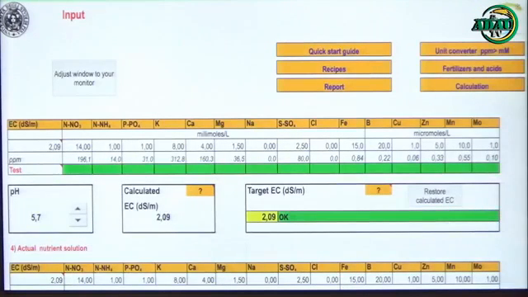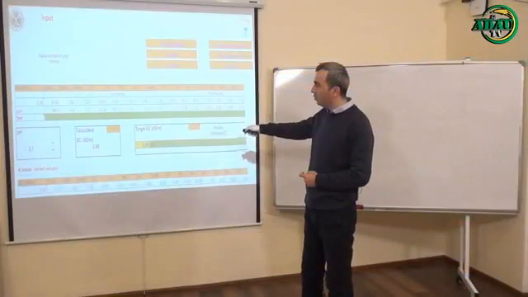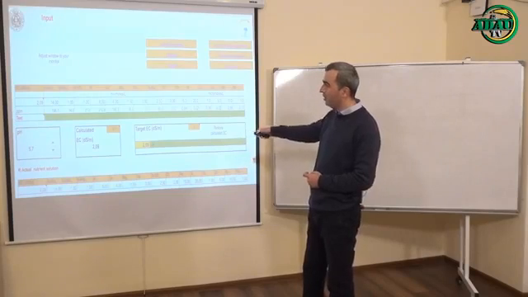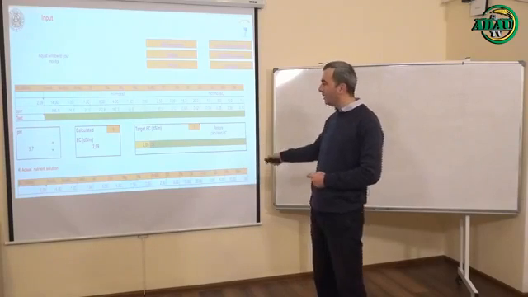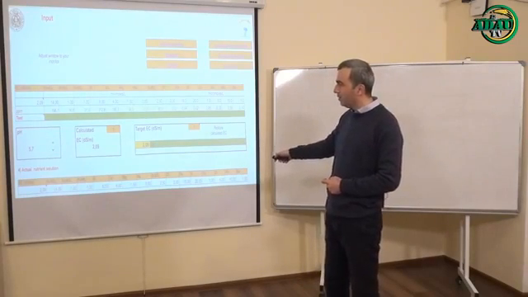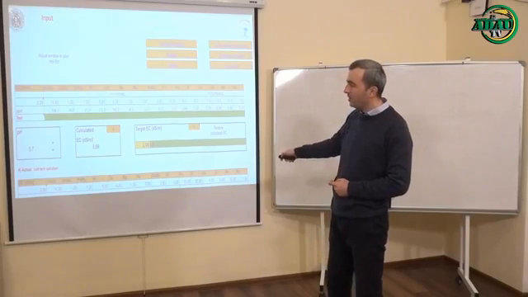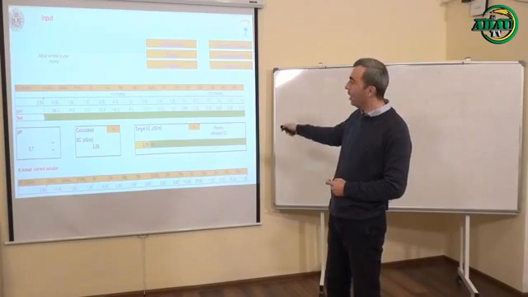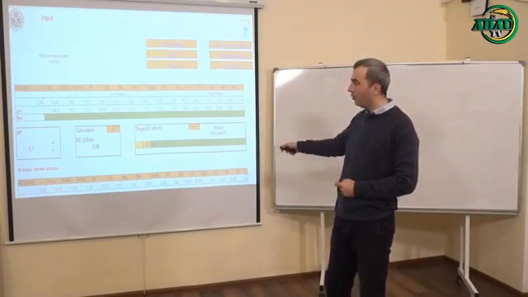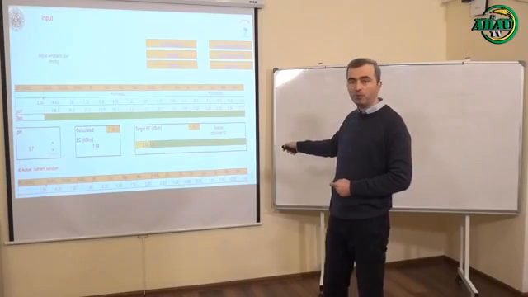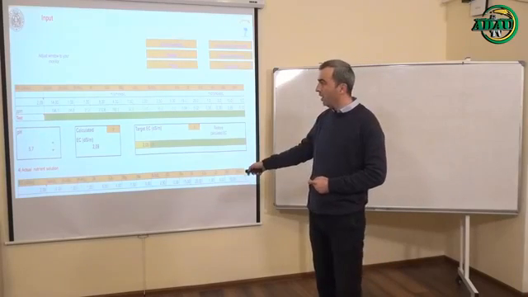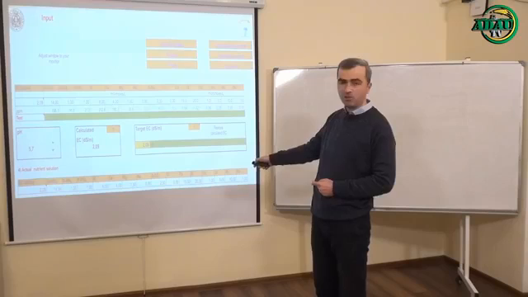Then, based on that recipe and the available macro and micronutrients, you are selecting them. It calculates the amounts and calculates for you the EC in the system if you add the following amounts of nutrients. And what will be your system pH?